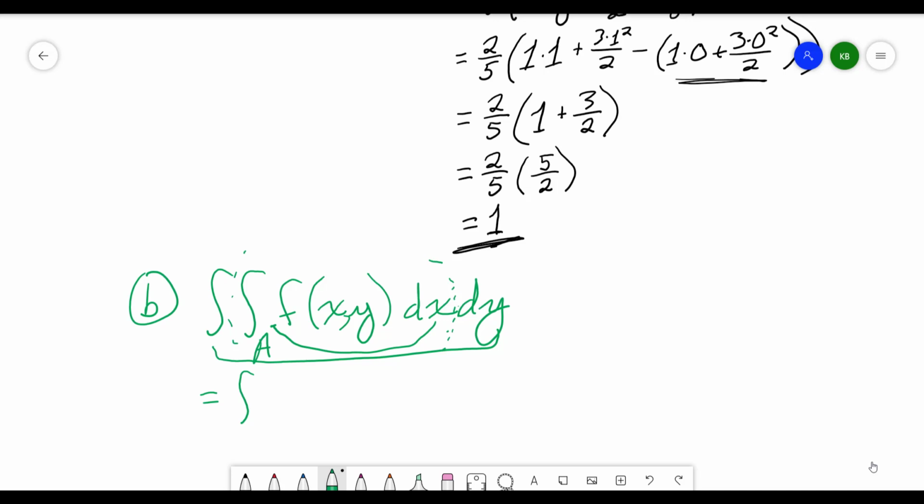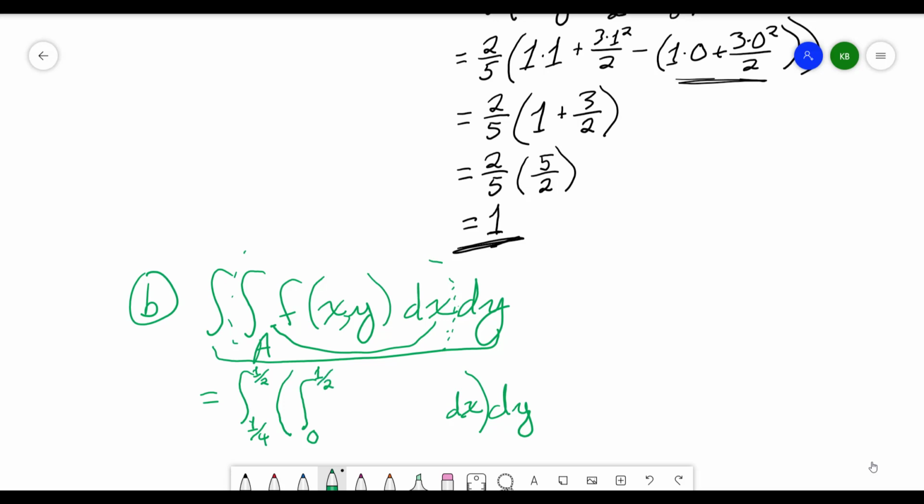So I'm looking at the bounds of the region they gave me, and y is going from 1/4 to 1/2. So those will be my bounds with respect to y. And then in those parentheses that I'll actually write now, I'm going to be integrating with respect to x. So I'll be putting the x bounds of my region, which is going from 0 to 1/2 from what was given.